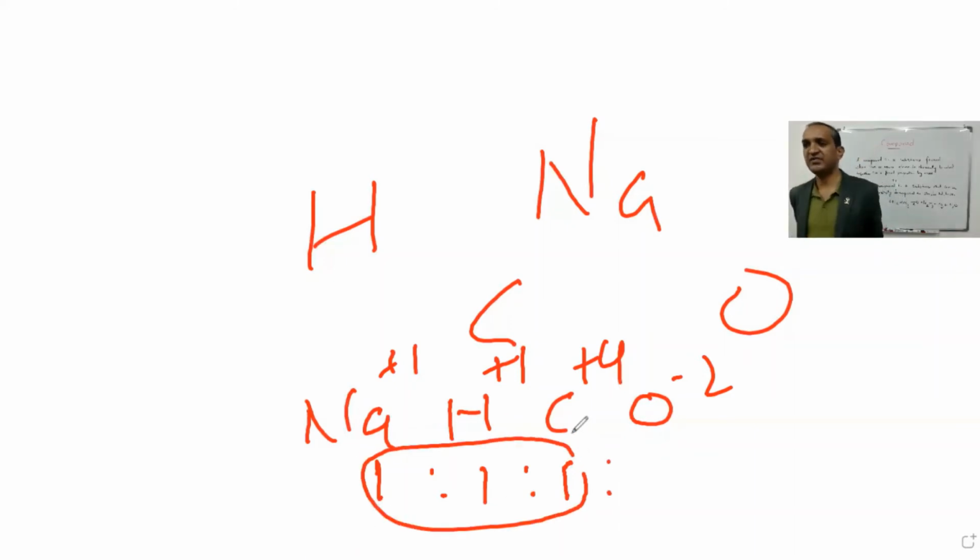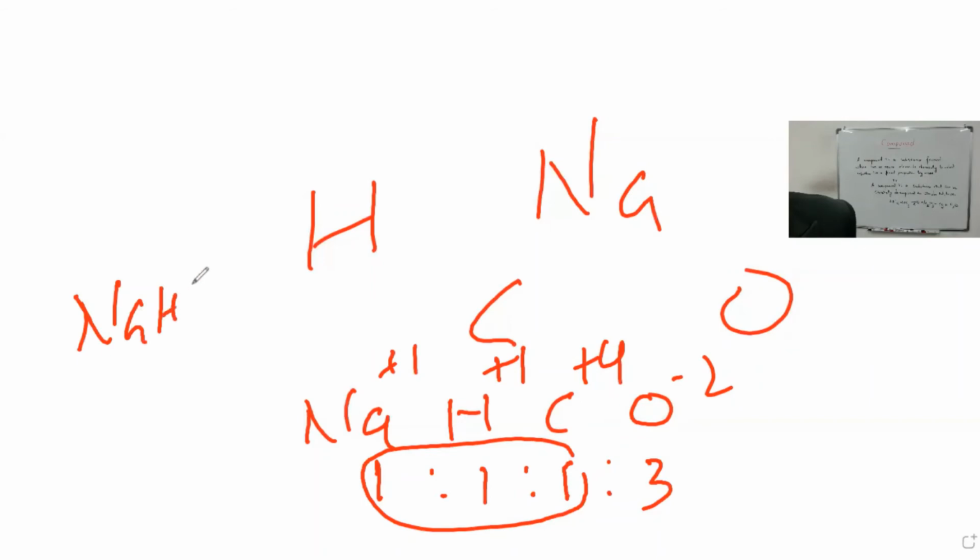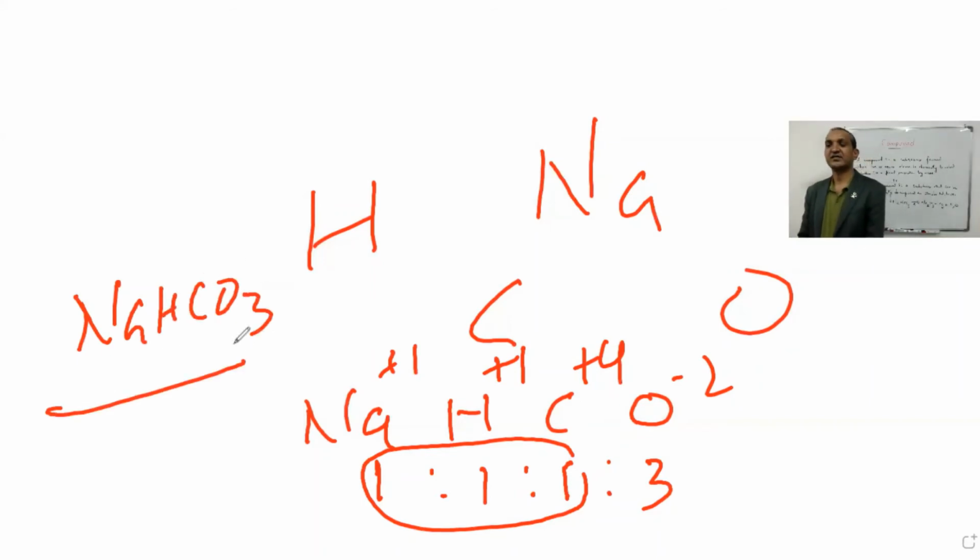These 6 electrons can be transferred to how many oxygens? As each oxygen gains 2 electrons, you will require 3 oxygens. So that sodium, hydrogen, carbon can join together to form NaHCO3, sodium hydrogen carbonate or baking soda.